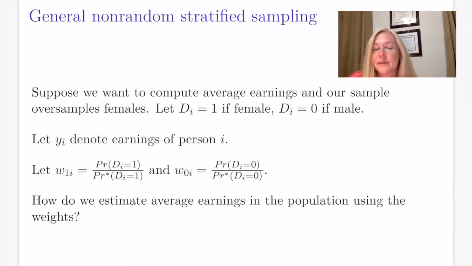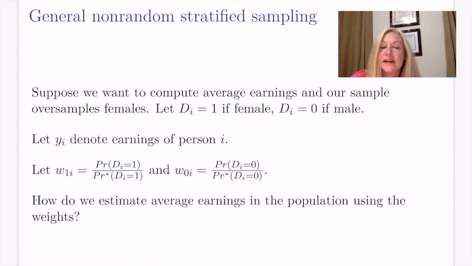Now let's look in general at non-random stratified sampling, because this comes up all the time. I wrote down a very simple example. Suppose we want to compute average earnings, and our sample oversamples females. Say in our sample there are 75% women, but in the population maybe it's 50%.